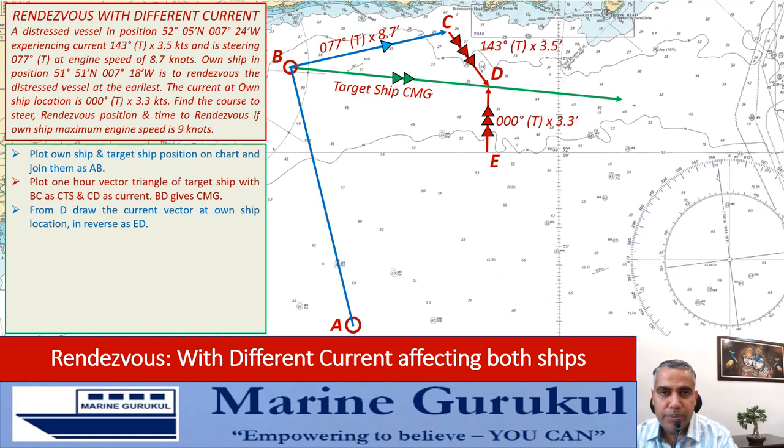Now using our compass, we center it at point Echo, E point, where the beginning of the current vector is. We draw an arc of radius equal to engine distance of own ship for 1 hour. Our engine speed is 9 knots. So our engine distance in 1 hour, 9 miles.